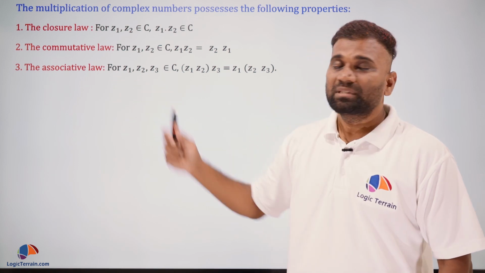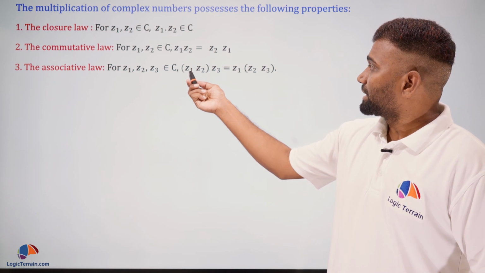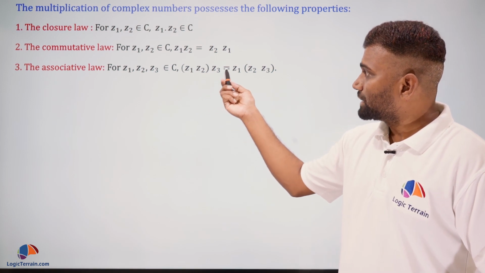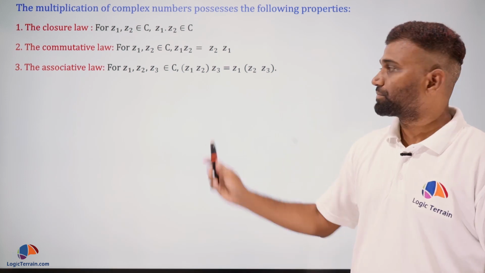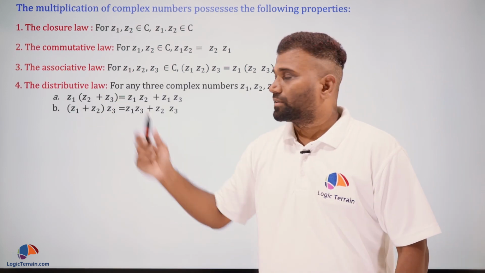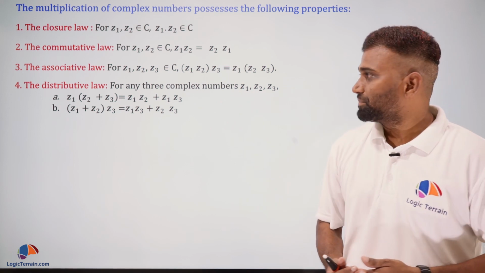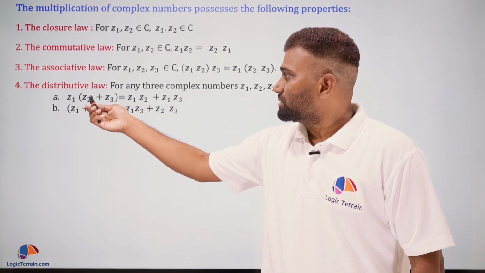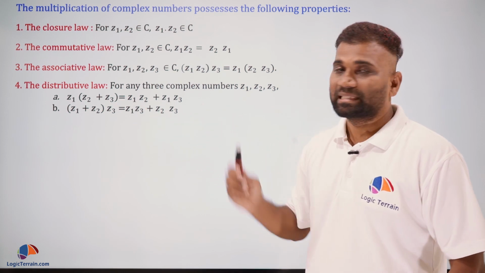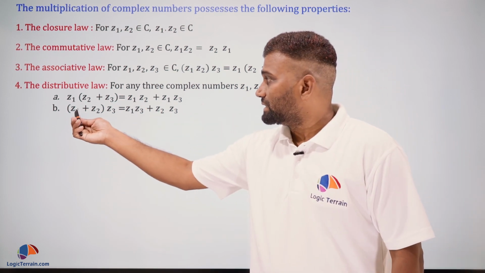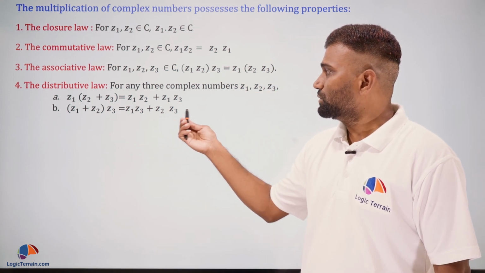Associative law: for z1, z2, z3 belonging to complex numbers, (z1 z2) z3 is equal to z1 (z2 z3). Distributive law: for any three complex numbers z1, z2, z3, z1 (z2 + z3) = z1 z2 + z1 z3. The other one: (z1 + z2) z3 = z1 z3 + z2 z3.